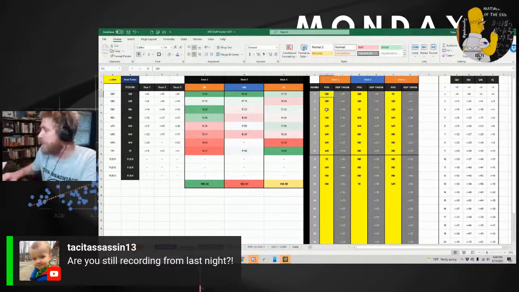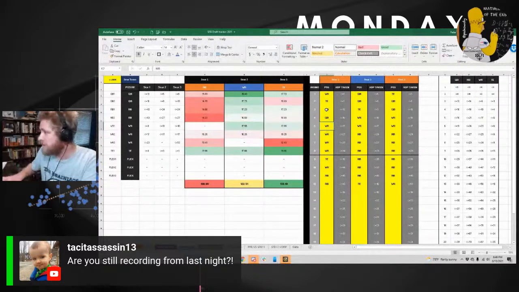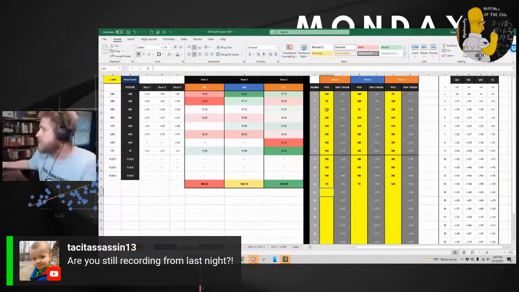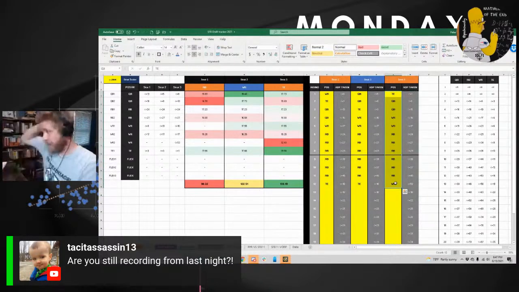Another way of going zero RB would be wide receiver and quarterback. And then running backs. Tight end in the first seems to have a significant advantage this year.